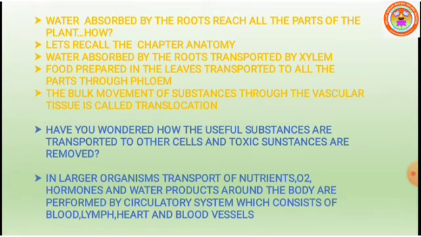We knew that water and minerals absorbed by the roots reach all parts of the plant through the xylem. Food is synthesized by the leaves, which is translocated to all parts of the plant through phloem. The bulk movement of substances through the vascular tissues such as xylem and phloem is called translocation.